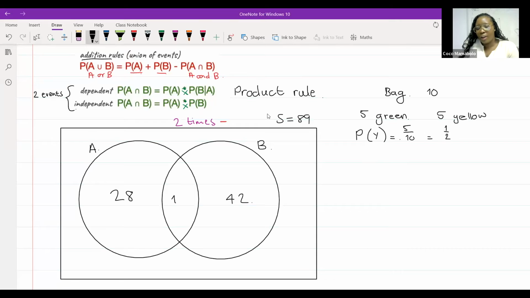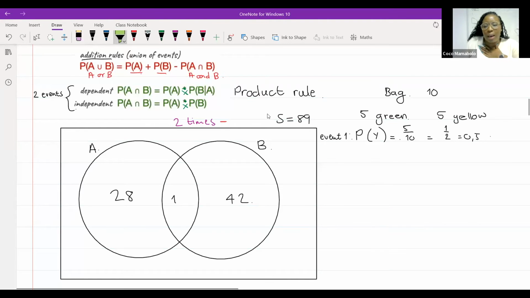Now, we're going to call this part event 1. Let's say I pick out this yellow sweet and I eat it. I've now eaten it.